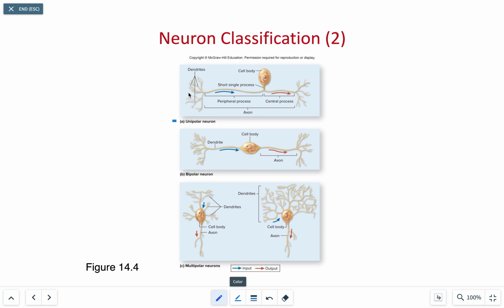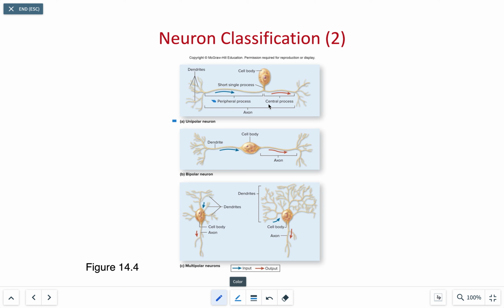They're often myelinated, which allows for the propagation of the action potential to come into the central nervous system at a very fast rate. It has 2 areas. So this first area here, called the peripheral process, this is simply going to be from a dendrite to the cell body.